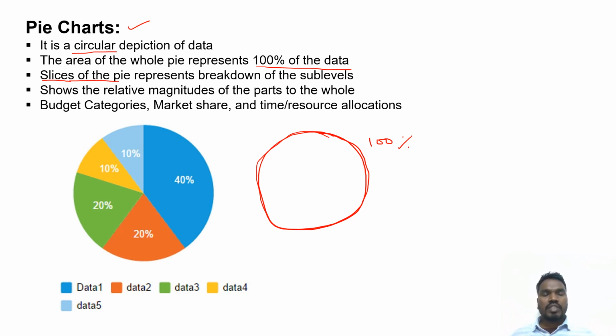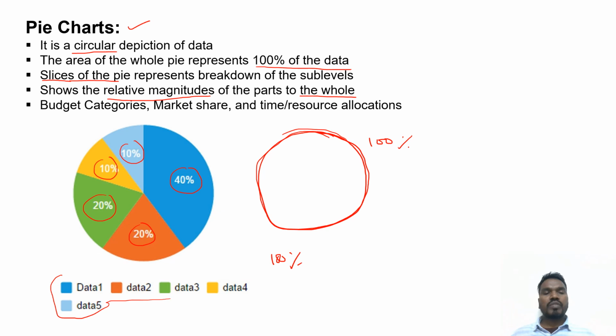These slices represent the relative magnitudes of the parts to the whole. In this total 100%, this is 40%, this is 10%, this is 10%, this is 20%, and this is 20%. Therefore the total 5 data are represented out of 100%. Clear?